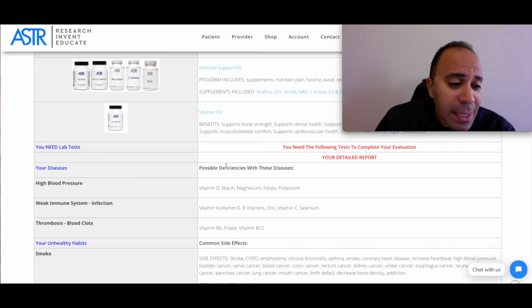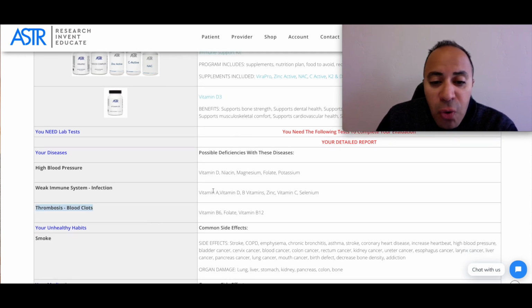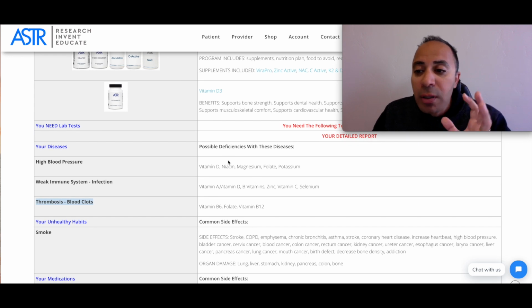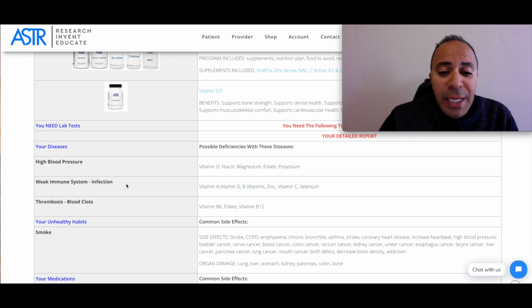For this situation, I put that I have high blood pressure and an issue with my immune system. So the system lists the diseases that were clicked on. I also clicked on the blood clotting issue, or taking medication for blood clotting. It shows me, based on intensive research, what possible deficiencies could occur because of the disease.